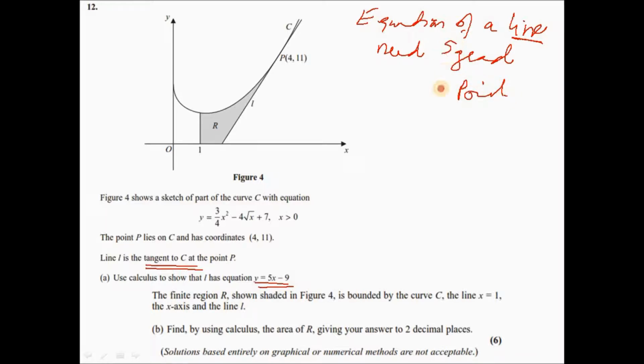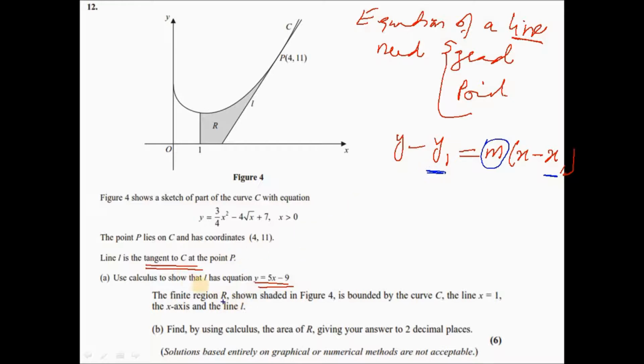If you have these two things, then you can use the slope-point or gradient-point form: y minus y1 is equal to m times (x minus x1). This is the general equation of a line if you have a gradient and a point (x1, y1). You can substitute here to figure out the equation of that particular line.